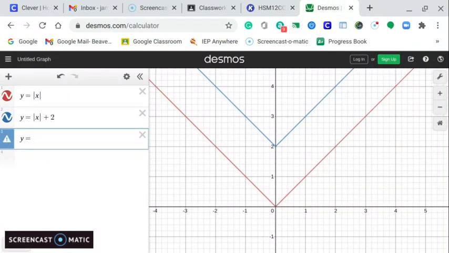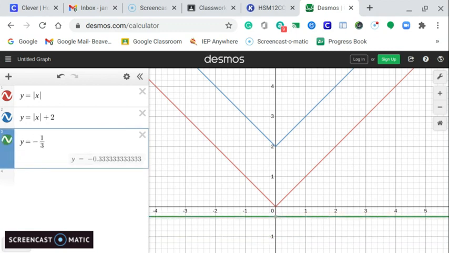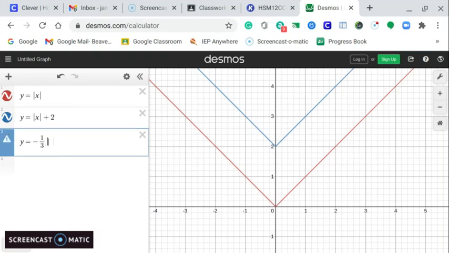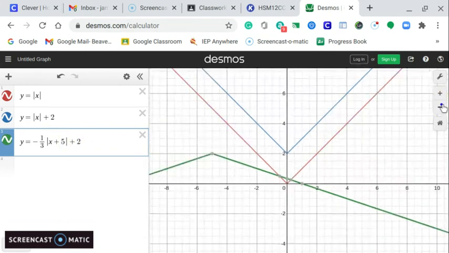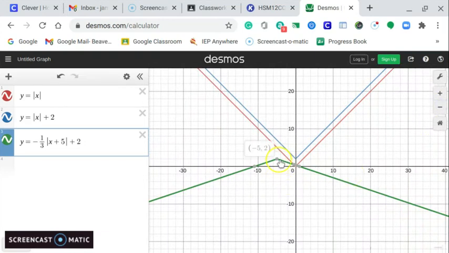Y equals negative 1 divided by 3 times the absolute value of x plus 5, absolute value, plus 2. You have to zoom out a little bit here, but it's a negative right here, which is going to say it's going down.